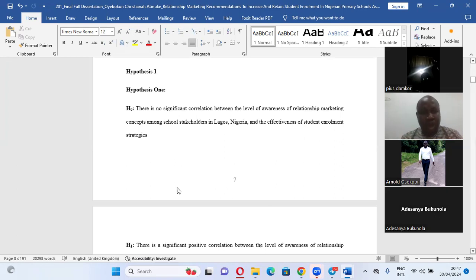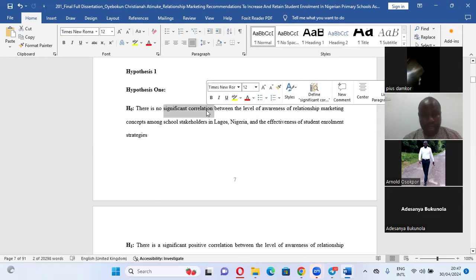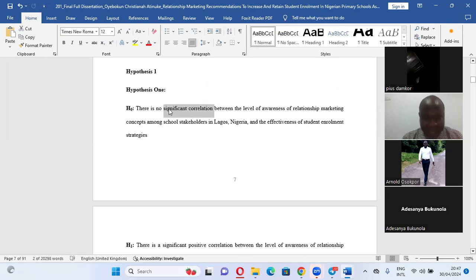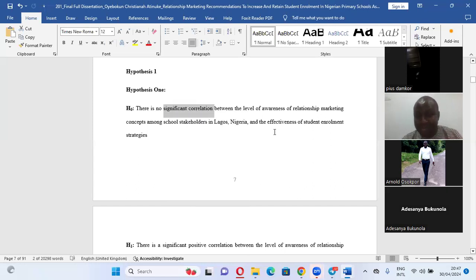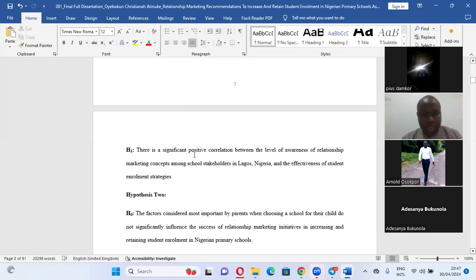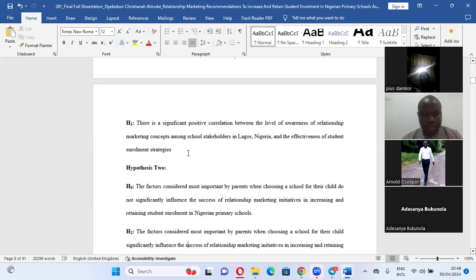Now, look at this hypothesis. There is no significant correlation between level of awareness of relationship marketing concept among schools in Lagos State and effectiveness of student enrollment. Once you see significant correlation, this statement automatically means that you are using correlation analysis. Okay. This is the null. Look at this one.